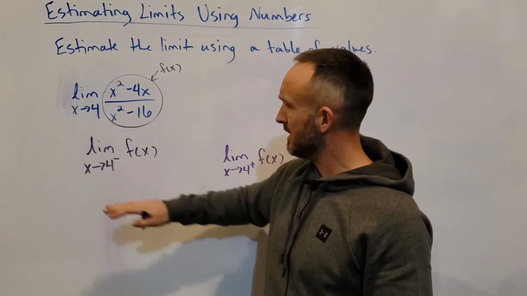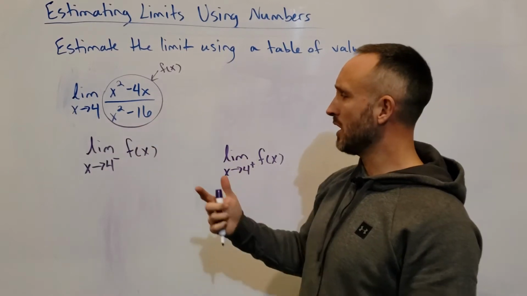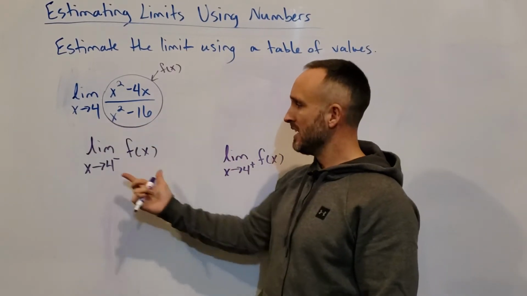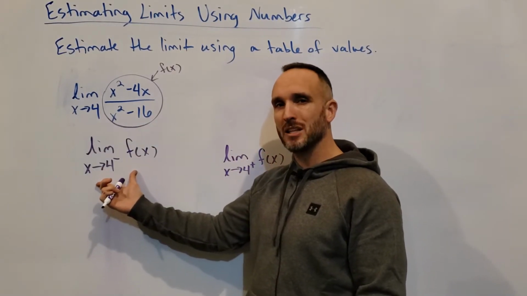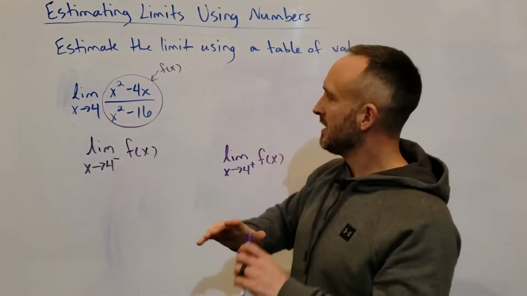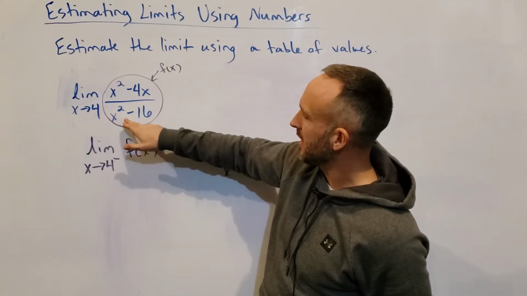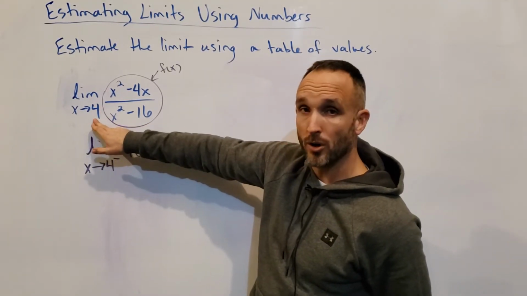Now, how do we do this? We don't have a graph of this function. We don't want to try to graph it. In fact, often what we'll do in calculus is we'll use what we know about limits to help us get the graphs of functions like this, okay? Because if you notice, this particular function is not defined whenever x equals 4.